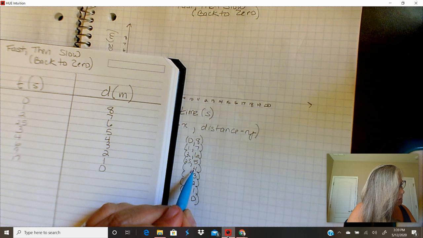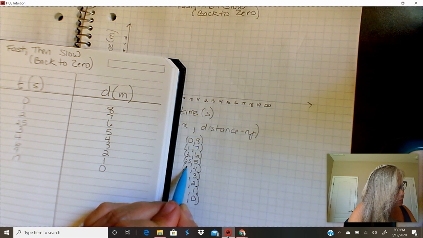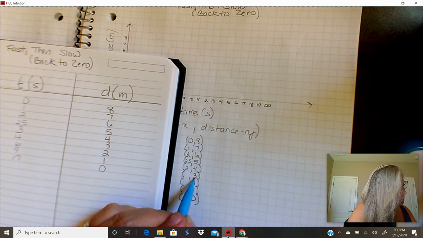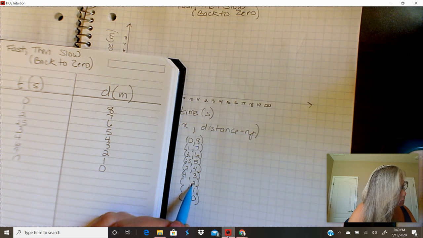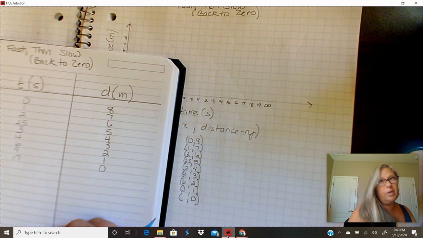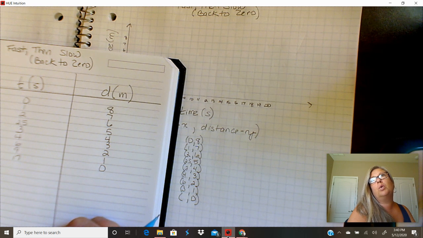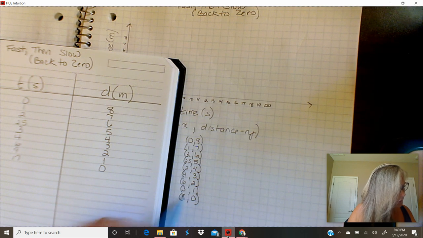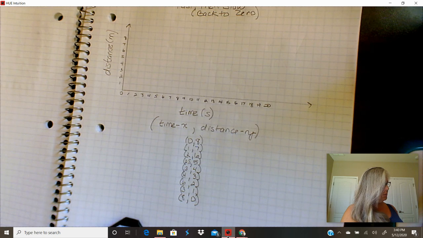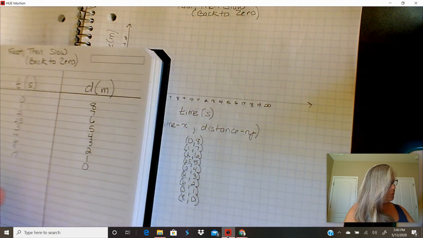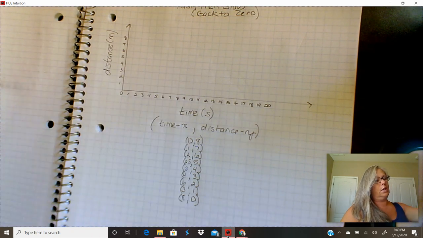And then at the 4 meter card, it took 3 seconds. At the 3 meter card, it took 4 seconds. At the 2 meter card, it took another 2 seconds, and then it took 3 seconds, and then it took all the way from 9 to 17, so that would be 8 seconds. Lord, did I slow down at the end. Did I do that math right? 9 plus 8 is 17. Yeah, okay, I did that right.